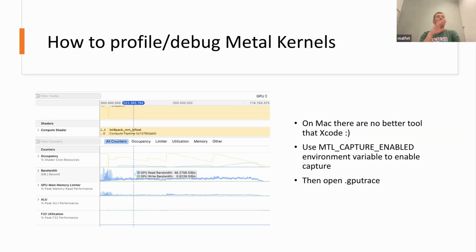Then you need to decorate your kernel invocations with special instructions, and then you can open the GPU trace and see what's going on. The same GPU trace can be used to debug kernels. I will demonstrate it later, or if people want to switch, we can do it now.